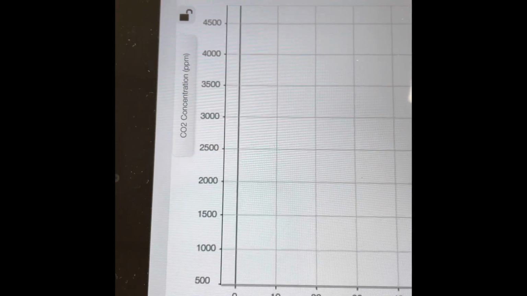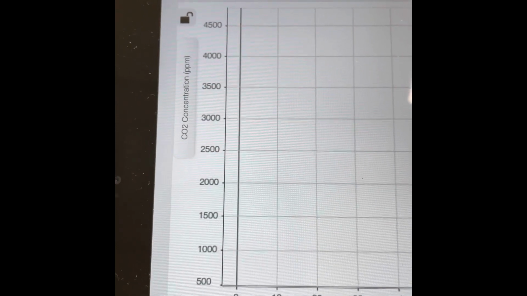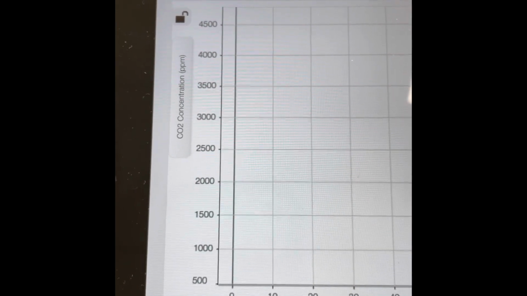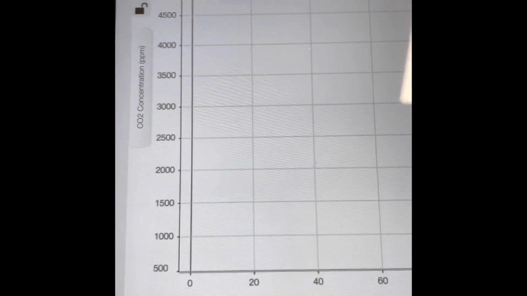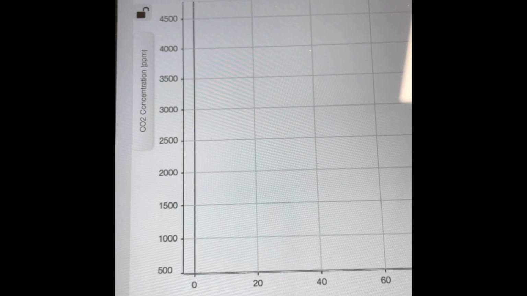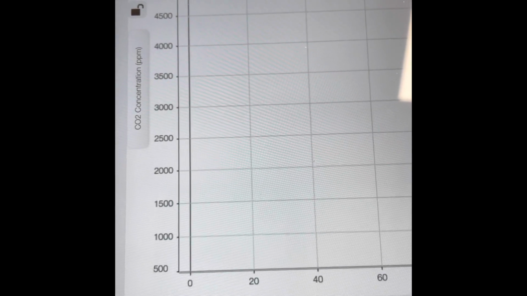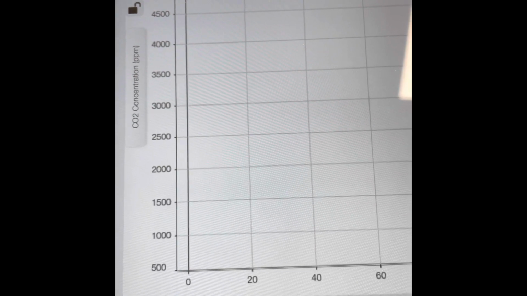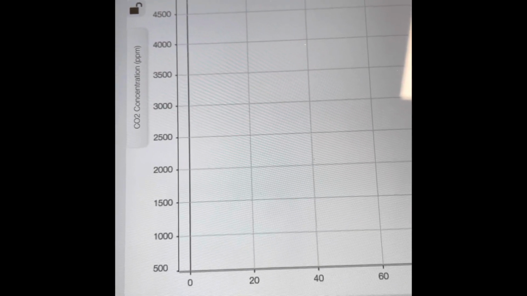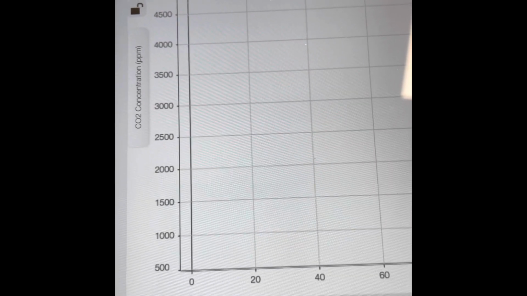That's going to be the amount per unit volume of carbon dioxide in ppm. ppm is parts per million. Okay, so if you have 500 ppm, that would be 500 molecules of CO2 per million molecules of air.